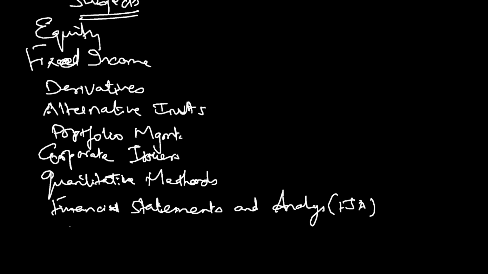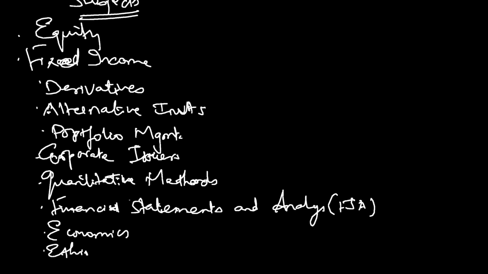Then economics, then ethics. So 1, 2, 3, 4, 5, 6, 7, 8, 9, 10. These are the 10 subjects for level 1 and 2.